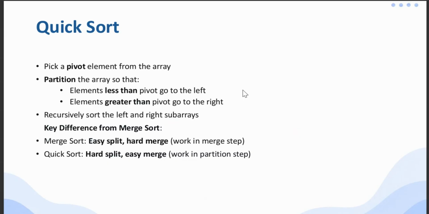The algorithm picks a pivot element and rearranges the array so that all elements less than the pivot come before it, and all the elements greater come after it, right? It then recursively sorts the subarrays on each side.